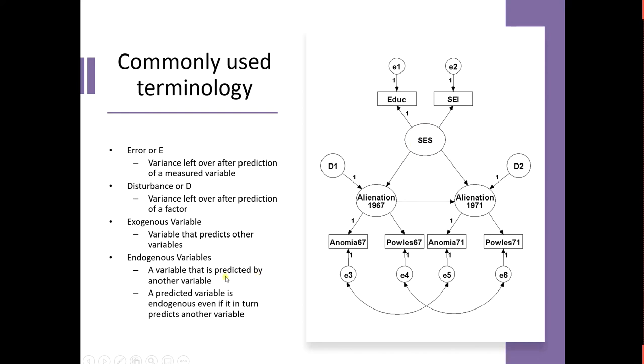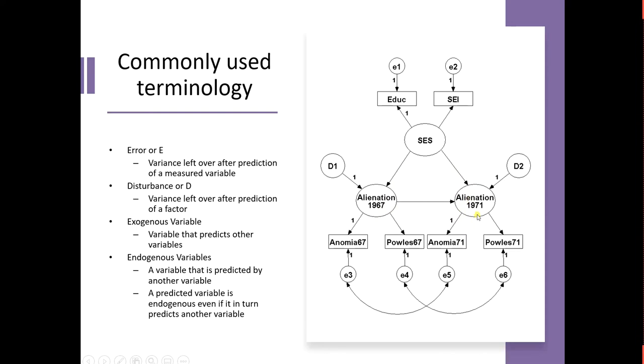On the other hand, the endogenous variable is a variable which is predicted by other variables. For example, alienation 1967 and alienation 1971, these two variables are predicted by socioeconomic status, SES, and therefore these two variables will be called endogenous variables.